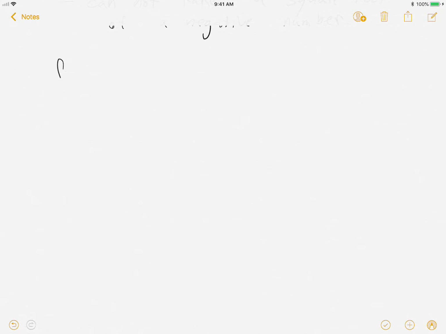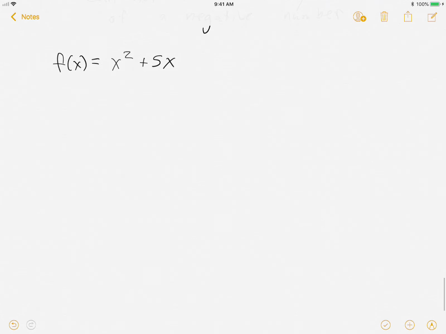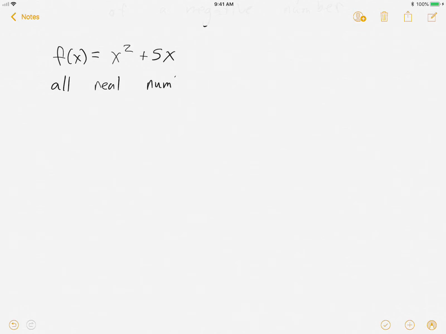Let's say I have f of x equals x squared plus 5x. Now if I look up here, there's two things I can't do. I cannot divide by 0, or take a square root of a negative number. I do not have a division or a square root on this problem. So there's nothing that's going to limit my domain. So I can plug in all real numbers.